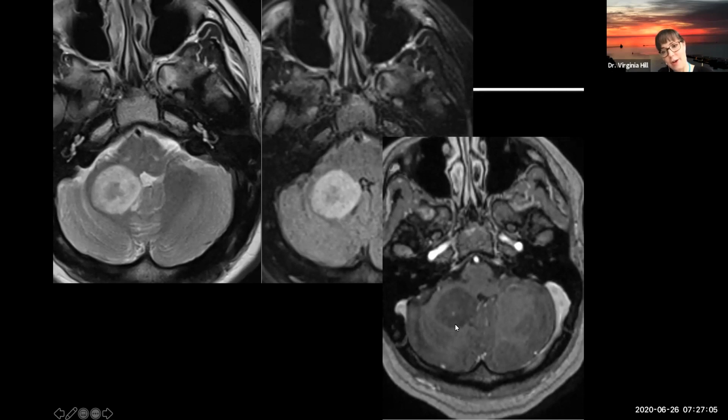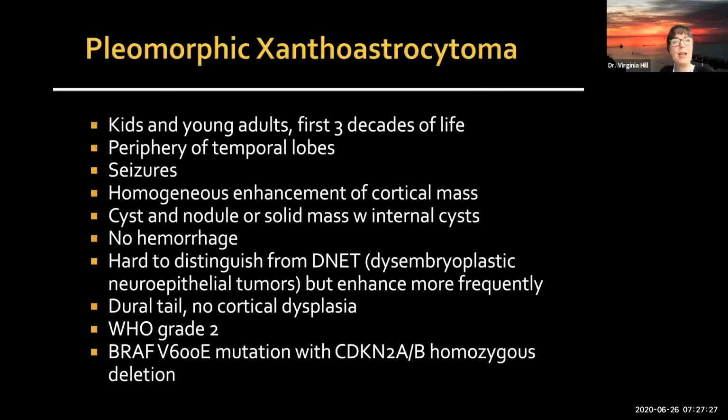On our T1 contrast enhanced images, the little mural nodule for this particular case is actually very, very small and not exactly what you would typically expect for this tumor that you've probably seen already in textbooks. So it's important to remember that the appearance may not be a huge cyst with a really well-defined big nodule.